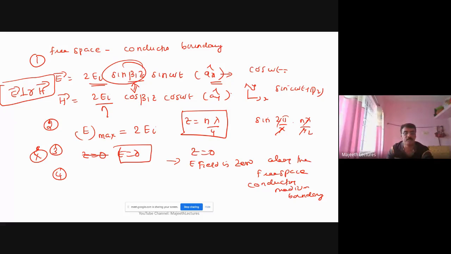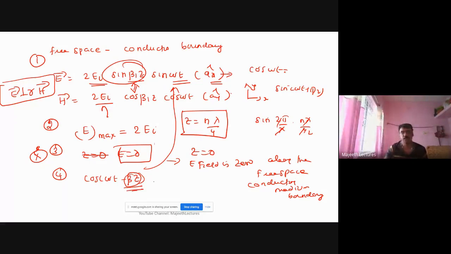Okay. Next, we have to find what is E min. Those things we can find. This is the way we can work on this. Similarly, we will deal with the H. Moreover, another thing we have to remember is E is equal to 2E_I sin beta z sin omega t. What is the general formula? It is cos omega t minus beta z, or sin omega t minus beta z. Here you see omega t is there. There is no phase term. This component is absent. Compare these two.